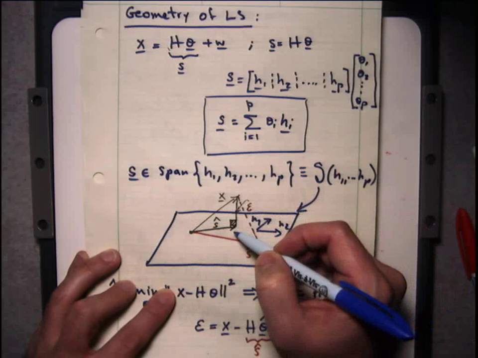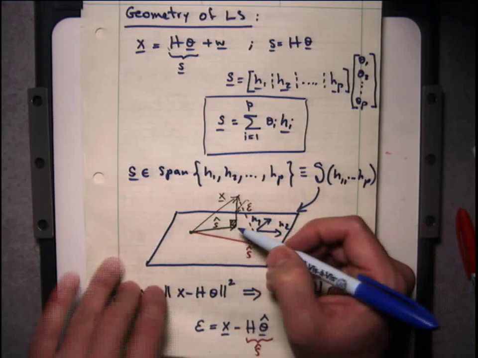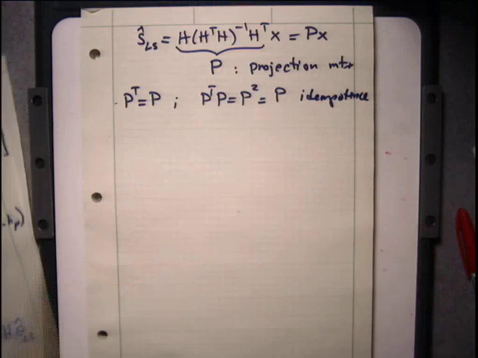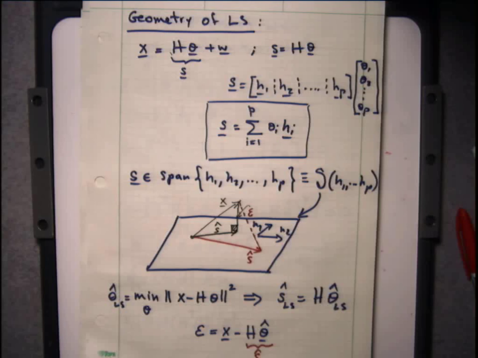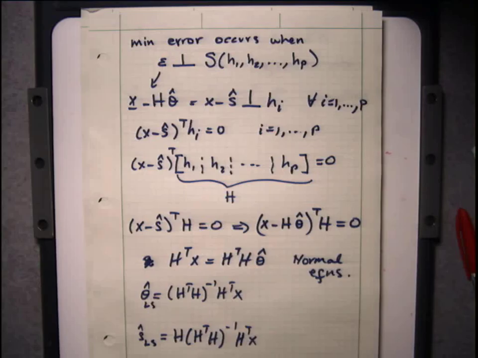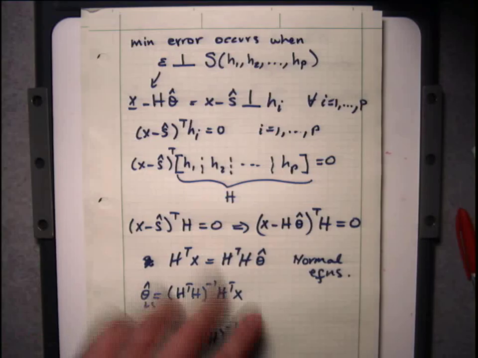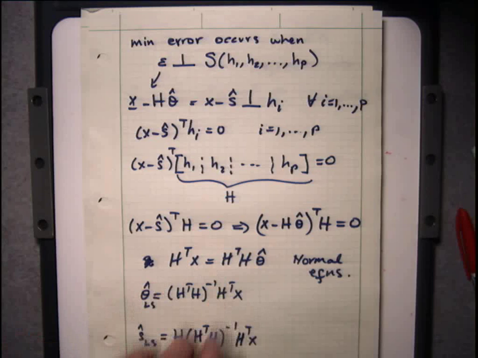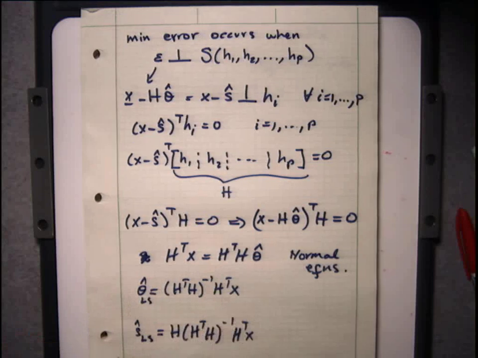Yeah? One simple question. On this page, you do H transpose H theta hat equals H transpose x. Now, with matrix operations, can't you just eliminate that H transpose from both sides? No. Why not? What am I forgetting?